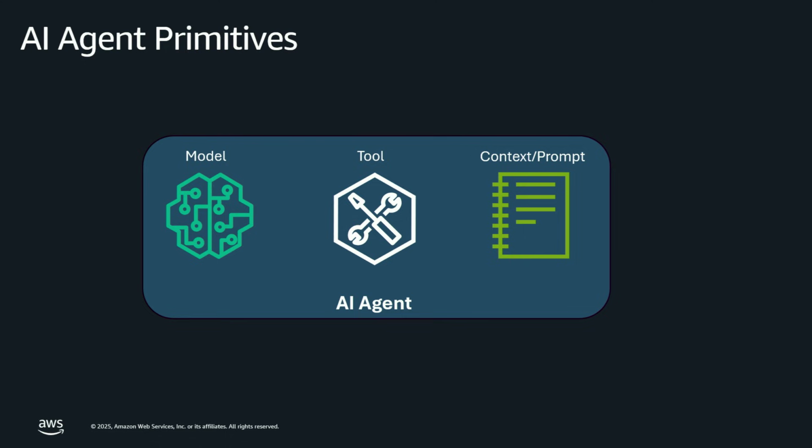The model is the brain of the agent, which analyzes the request and builds an execution strategy. Tools are a library of functions, where each function executes a very specific task, such as, what is the temperature of Las Vegas right now? Finally, the prompt and the context. These are the instructions that the end user and the agent provide to the model to execute a task.